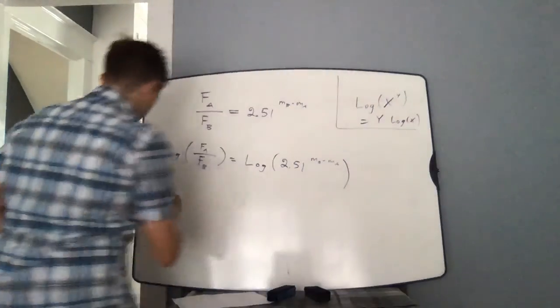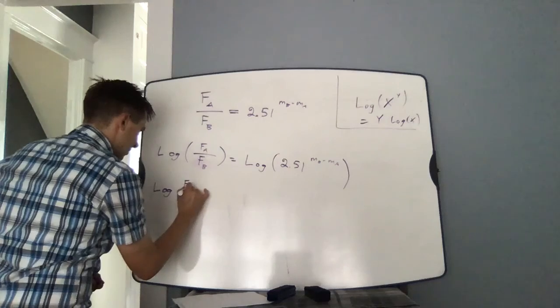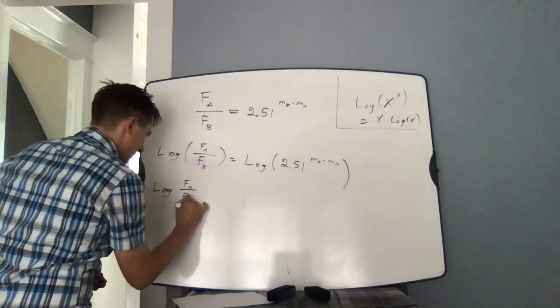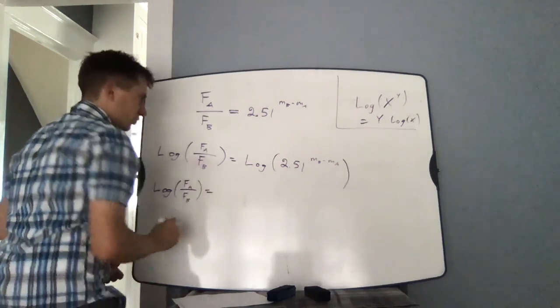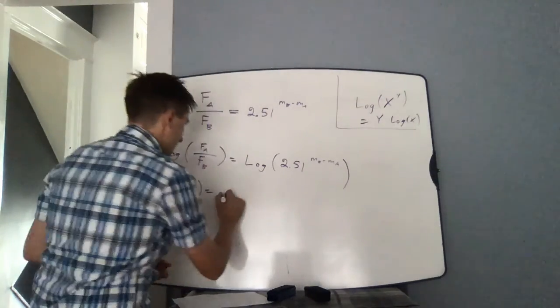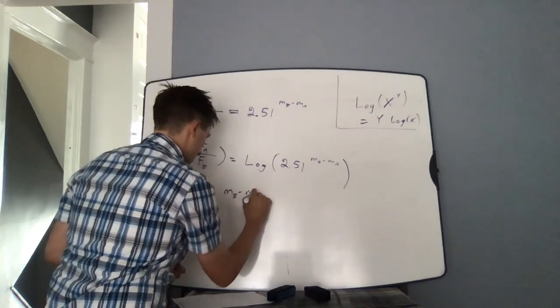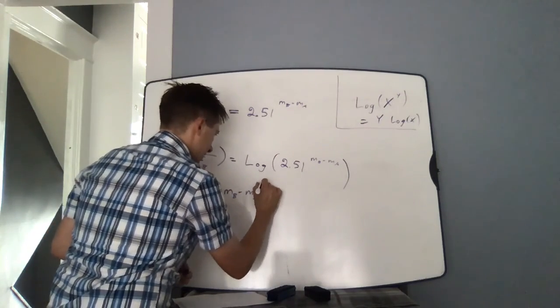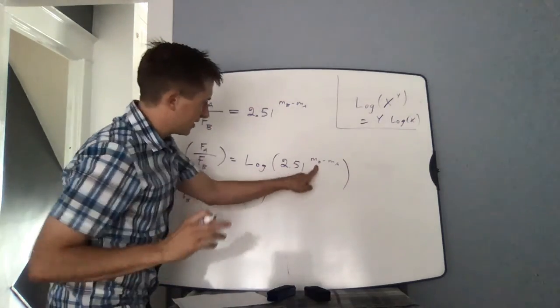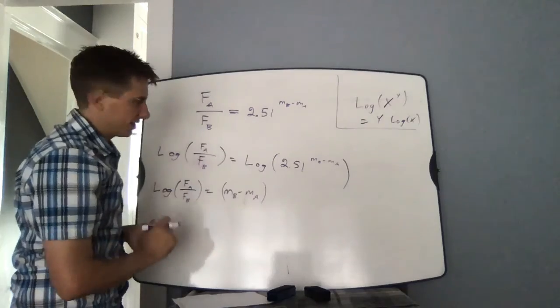Whatever is upstairs in the exponent will come in front. So I could then write the log of FA over FB is equal to, we'll bring whatever is upstairs in front, MB minus MA, and because that was everything upstairs, I'm going to put it in parentheses just to keep it nice and neat.